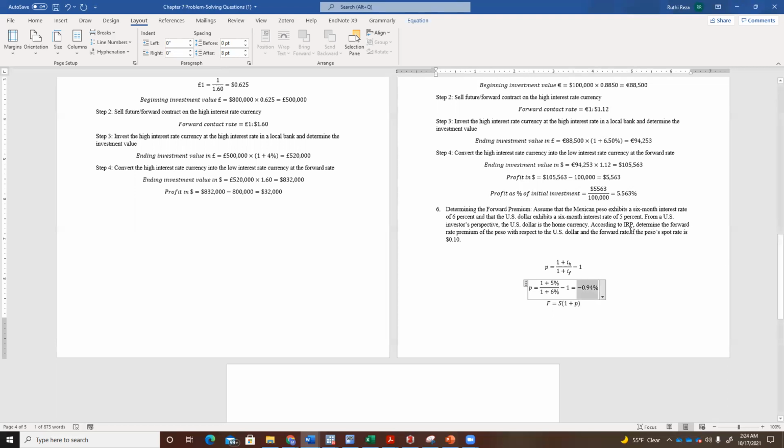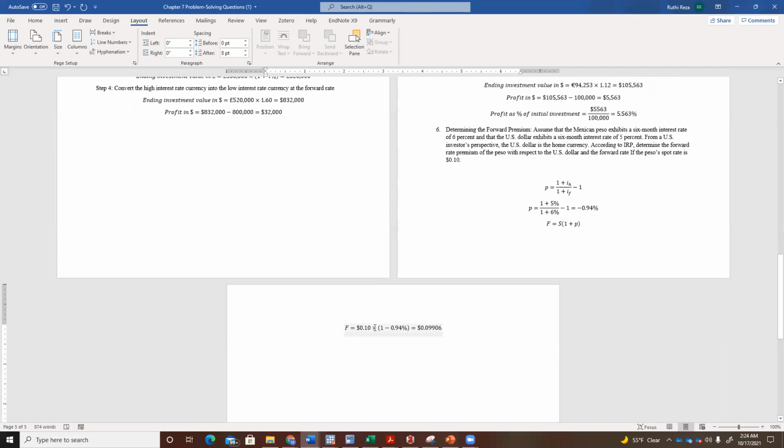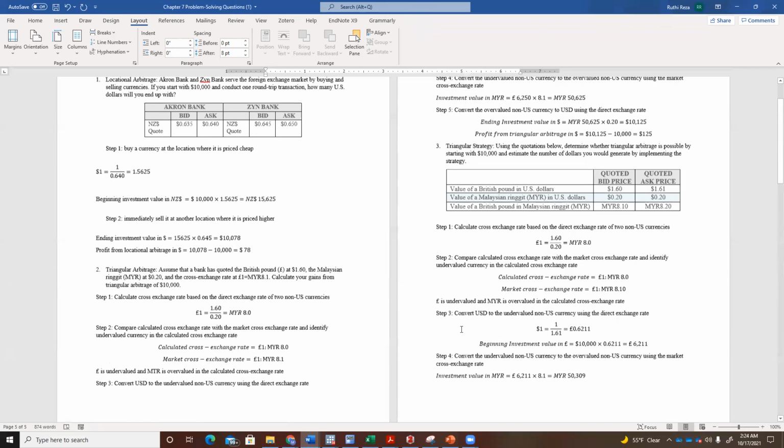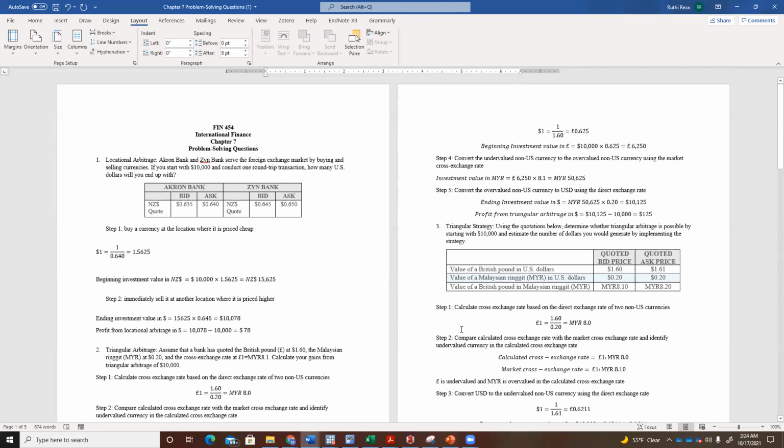Now, according to the problem, spot rate is how much? 10 cents per peso. Then apply this discount rate over the spot rate for peso, and then you're going to get the forward rate. So forward rate is equal to 0.09906 dollar per peso. That's all from chapter number 7. Thank you for watching. You have a nice day.